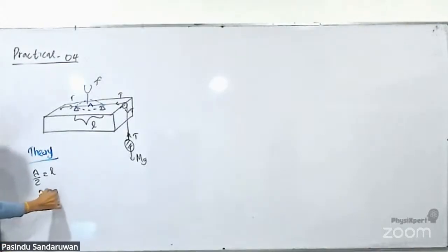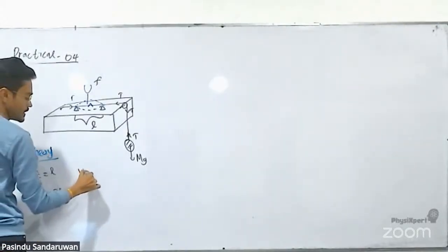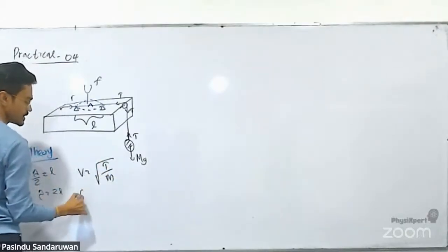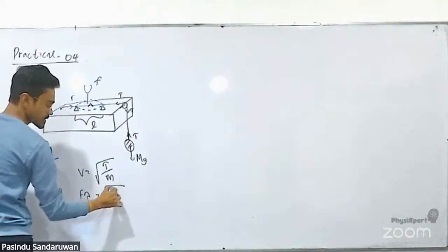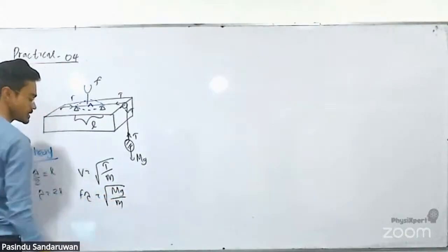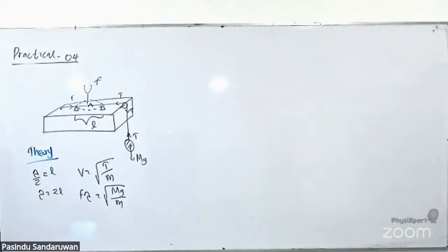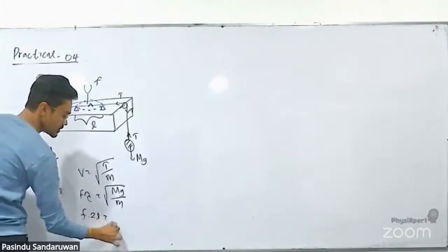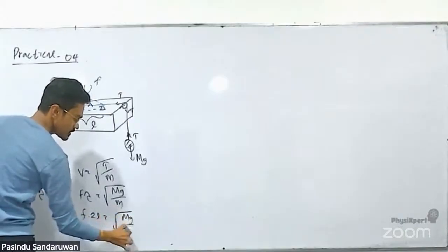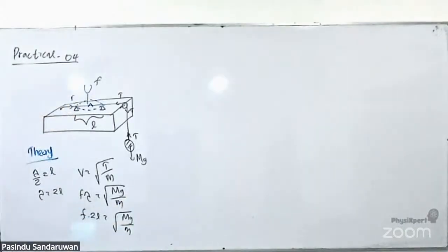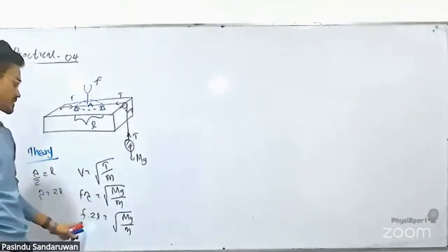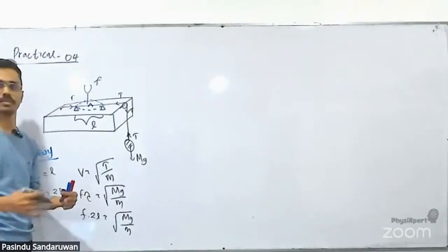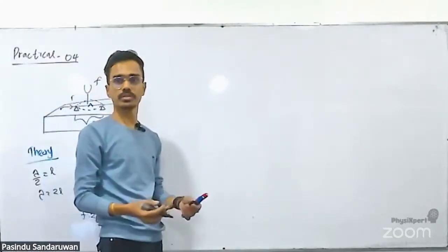So lambda equals 2L and V is root T over small m, and V is f lambda, T is capital Mg over small m, right? And f lambda is 2L root this, right? Now we are going to verify the relationship between f and L. No need to square. Purpose, and no need to square, right?